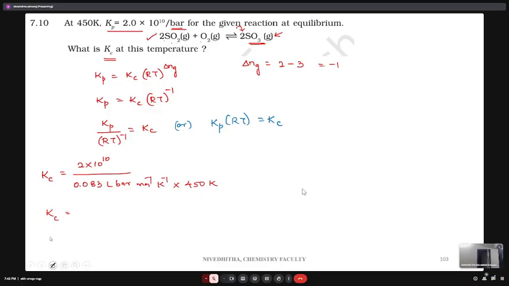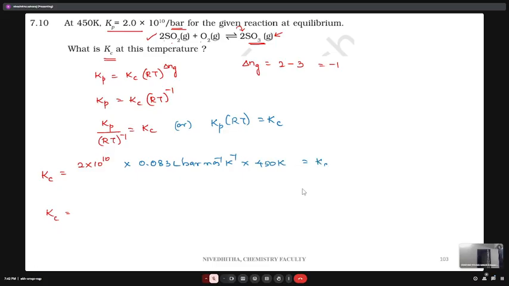So instead of this denominator, I can write it in numerator itself, into the value of R, 0.083 liter bar per mole per Kelvin, and temperature is 450 Kelvin, which is equal to Kc.